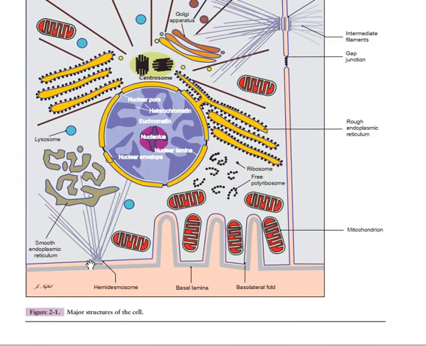So this is the hemidesmosome, but in the case of hemidesmosome, we don't have the mirror image substance. At the inferior part of the cell, this cell is mostly an epithelial cell, so you are going to have a basal lamina.